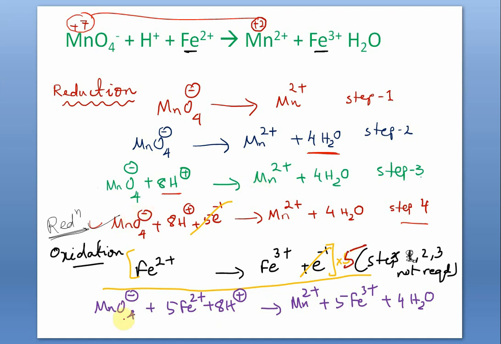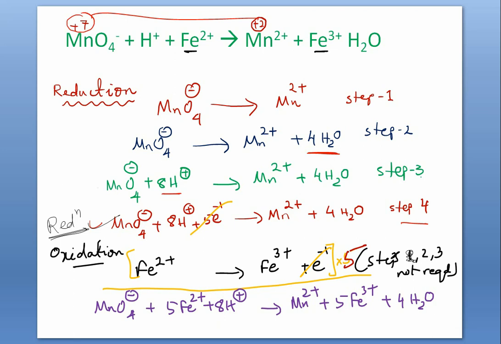Then you add all the species of LHS and all the species of RHS. Permanganate ion plus 5 ferrous ion plus 8 H plus ion gives Mn2 plus, 5 Fe3 plus, and 4 water. So that is the balanced ionic equation.